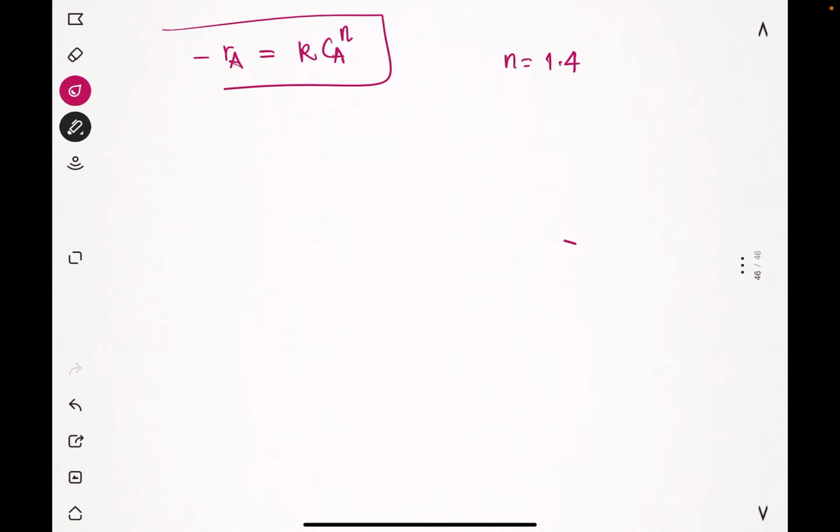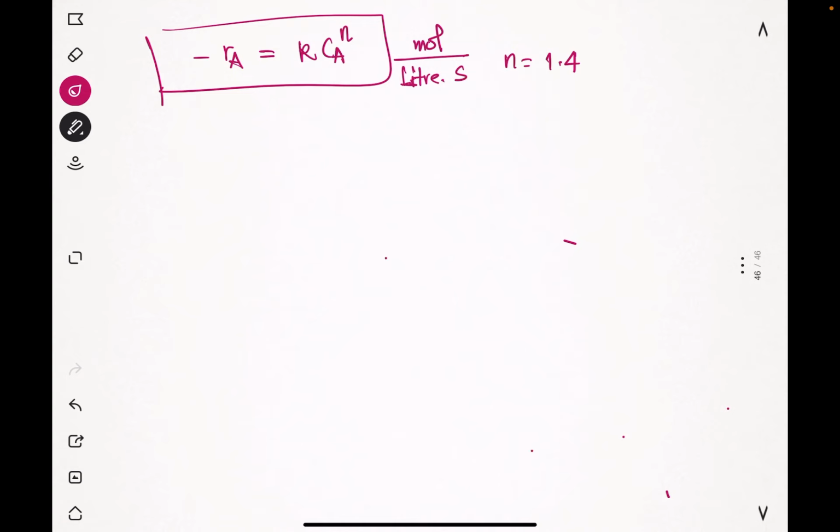What is the unit for this equation? Usually, since we are using rA, which is basically the reaction rate in terms of volume of the reacting fluid, the unit should be mole per liter per second.